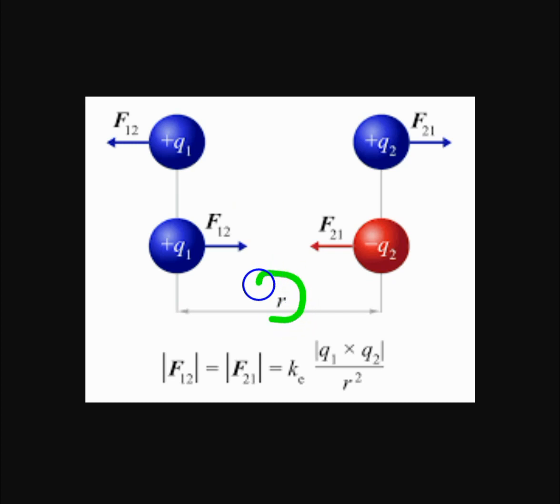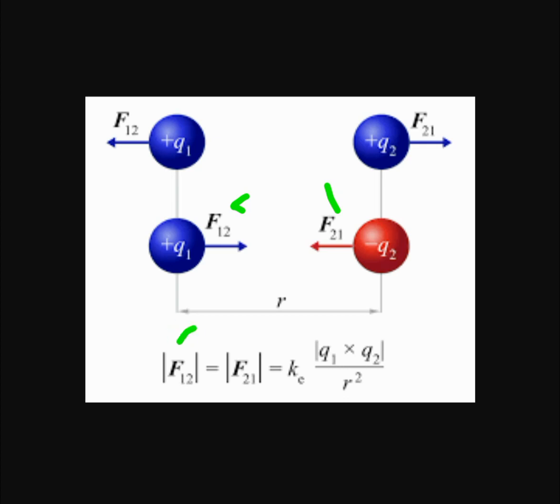Small r represents the distance between the two charges, okay, and the magnitude of these forces F12 or F21, they are equal.